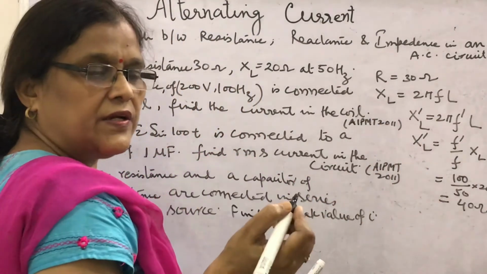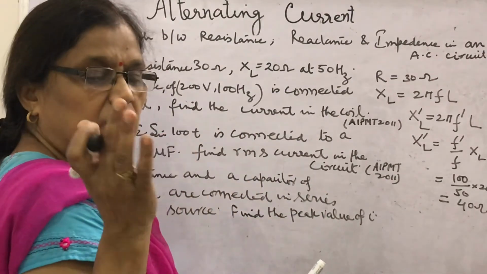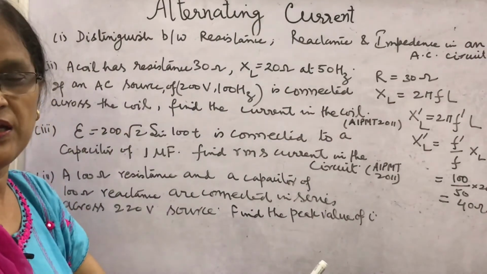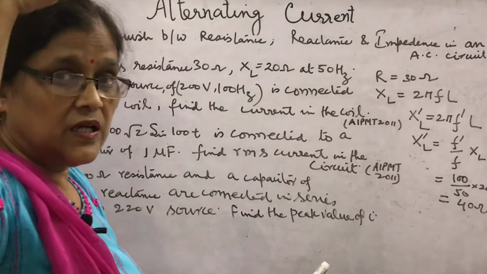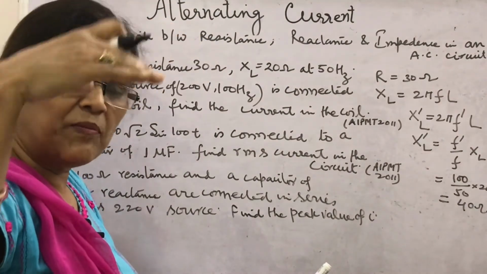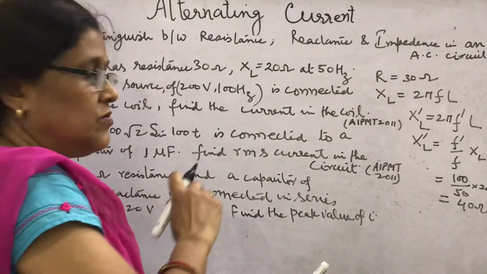Now how will you find the current? Simple. The current equation is given by impedance Z: current is applied potential upon Z. What is the applied potential? 200 volt. What is Z?